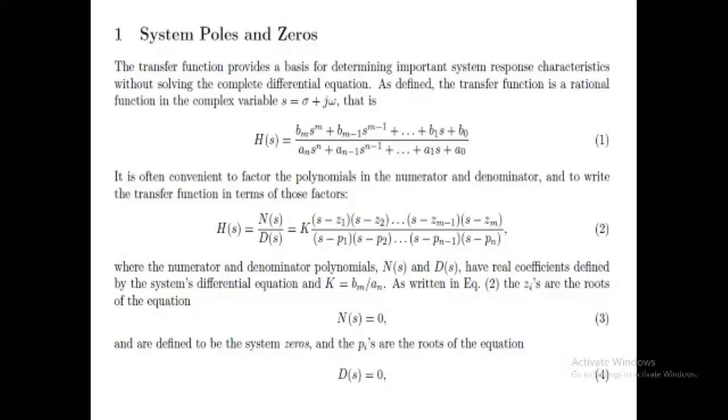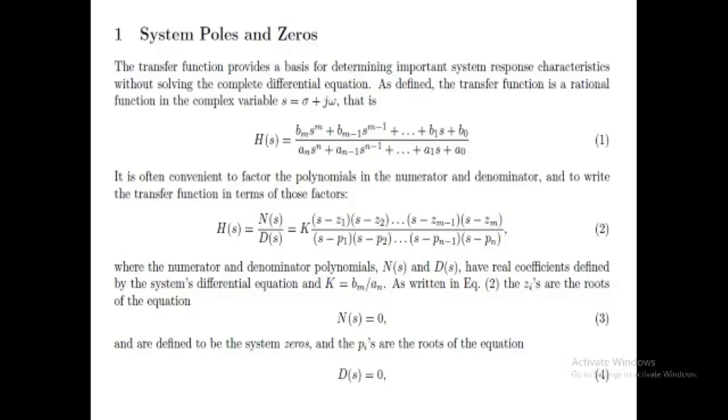So the transfer function H(s) becomes equal to 0, and hence b1, b2, b3, and bm are the zeros of the transfer function. Now, if we equate the numerator of the transfer function, the polynomial equation on the numerator side, to 0, we obtain the zeros of the system.